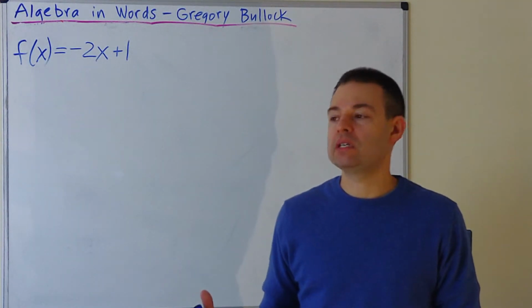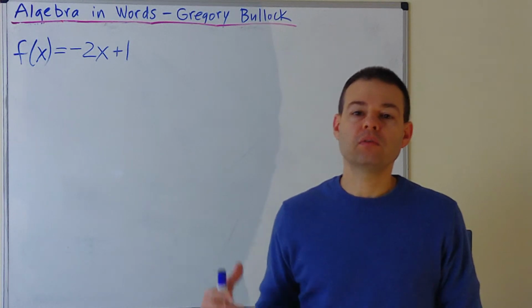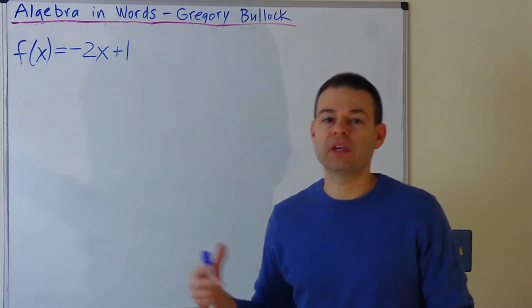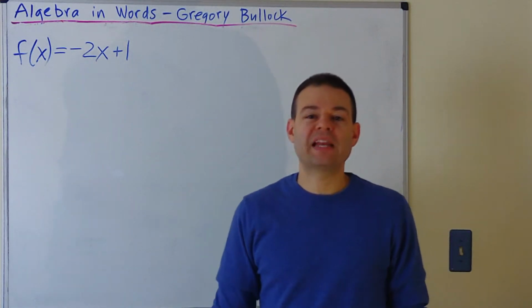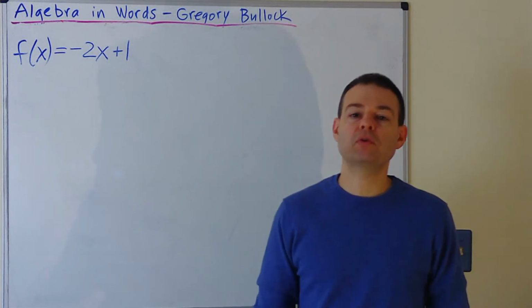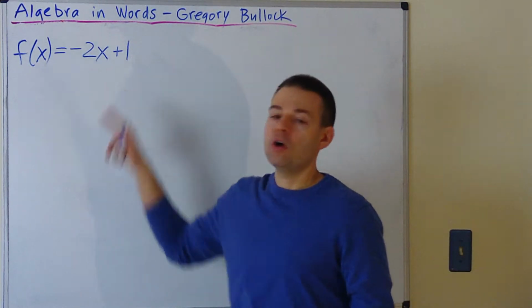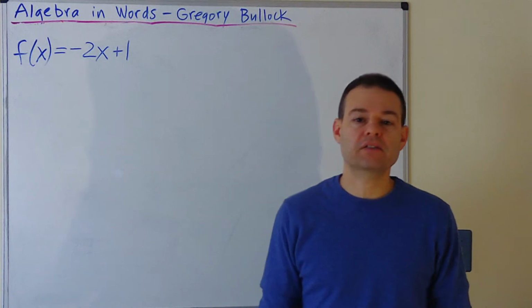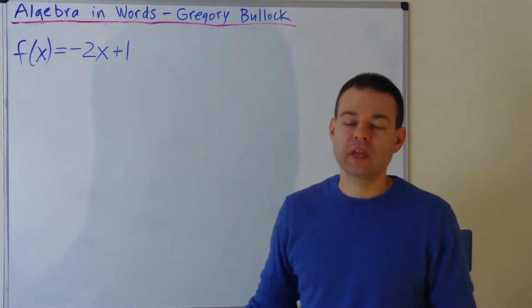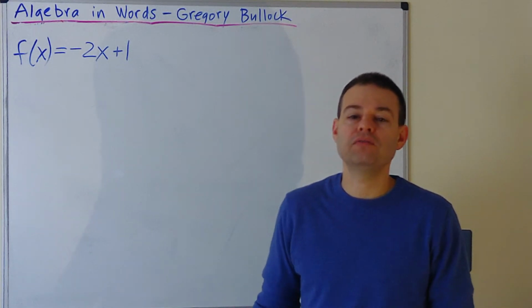This is very easy, and actually this is nothing new. By now, if you looked at the function and I asked you what type of graph you expect from this, hopefully you could tell that this looks like a linear equation, right? It's x with the degree 1, and this is going to make a line. Okay, you've done this already.